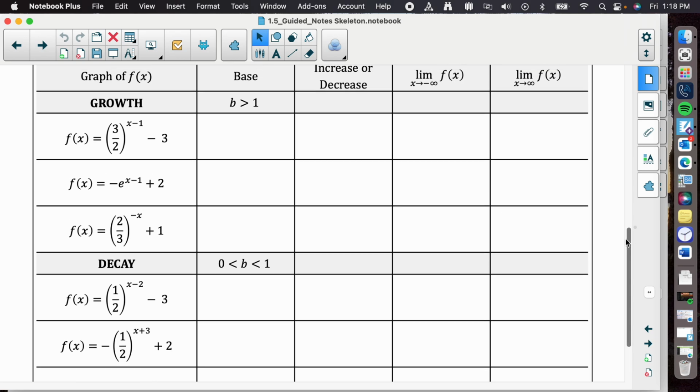So let's take this top one. 3/2 to the infinity minus 1, minus 3. Okay? 3/2, if I keep multiplying 3/2, the answer is going to get larger because it's bigger than 1. And so 3/2 to the infinity power would become infinity.